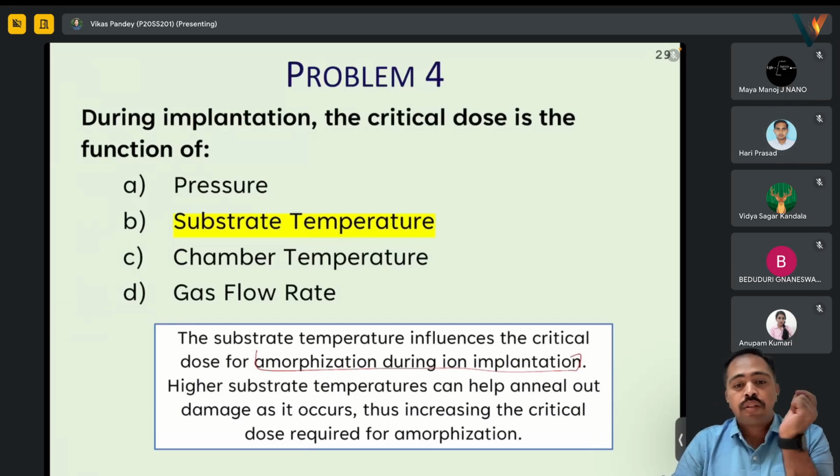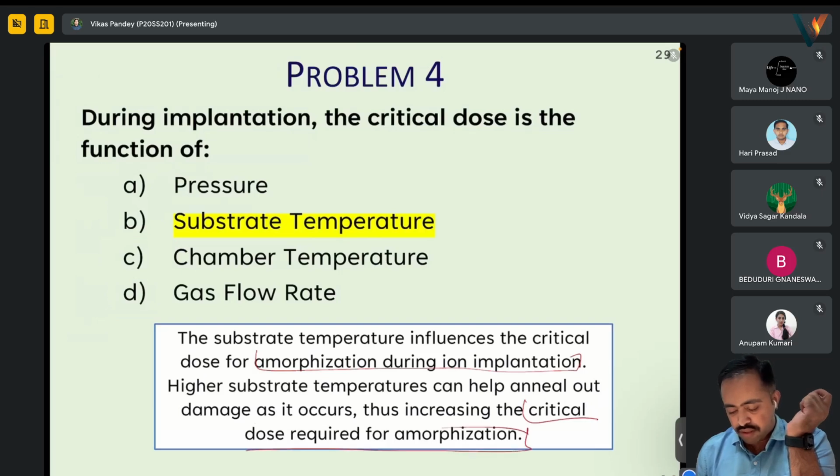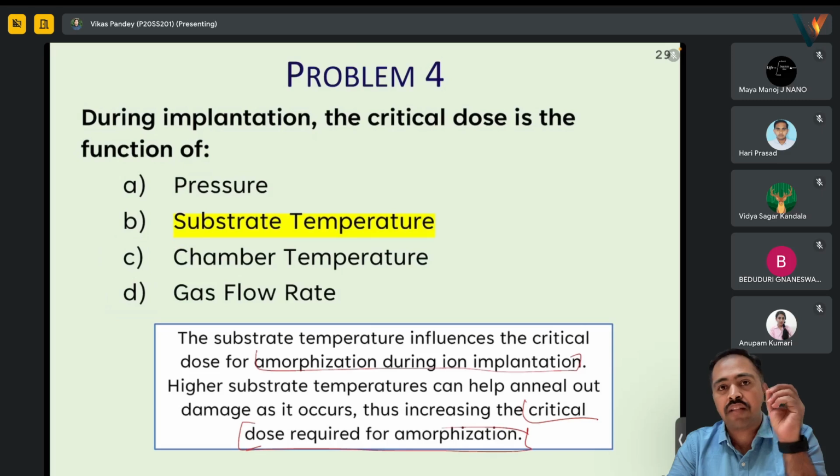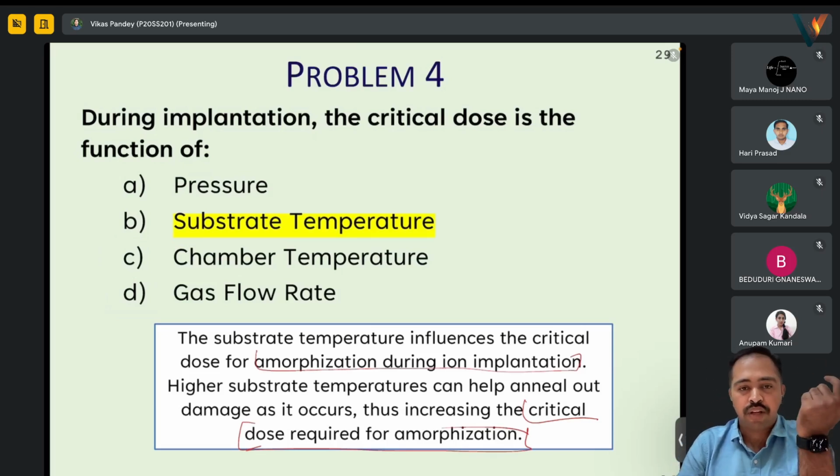So this will determine the critical dose required for amorphization. If we are doing the implantation at a higher temperature, it will have a higher critical dose. If we are doing it at lower temperature, the critical dose will be less; even a lower dose will create more damage.